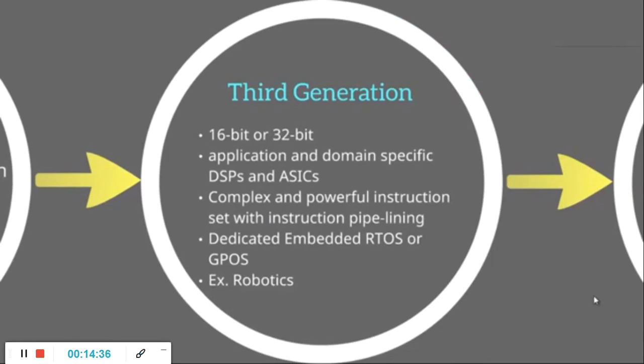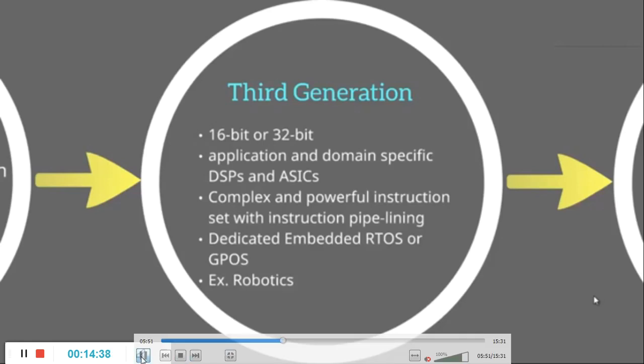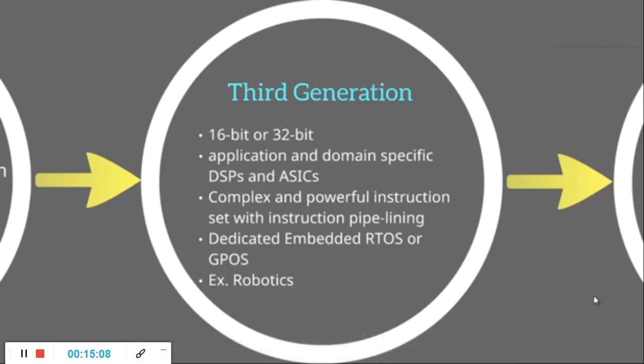Even DSP and ASIC are tailored for specific needs. The instruction set was made further complex and more powerful compared to the second generation. Instruction pipelining was done to read memory faster. Another trend was that RTOS and general purpose operating systems were used in the product. An example is robotics.